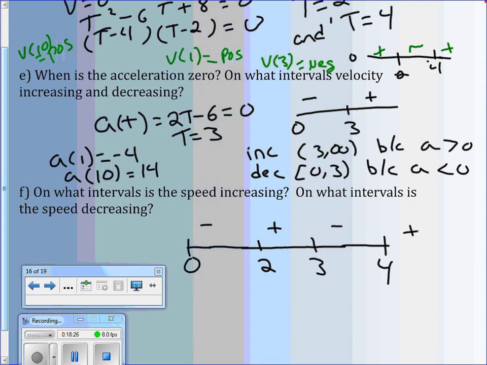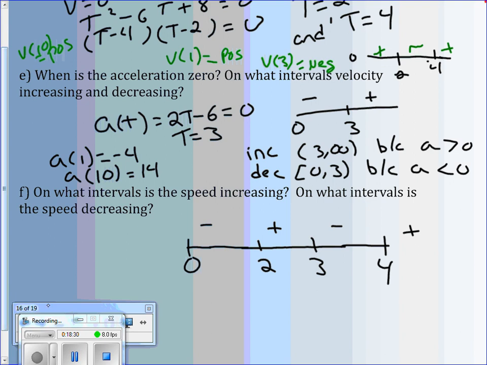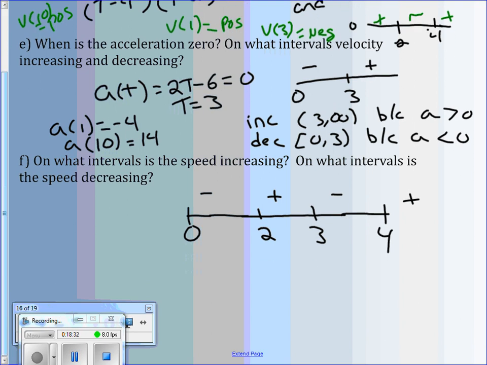Same sign. They're both acting in the same direction. So on what interval is the speed increasing? Where the signs are the same, that's 2 to 3, and 4 to infinity.